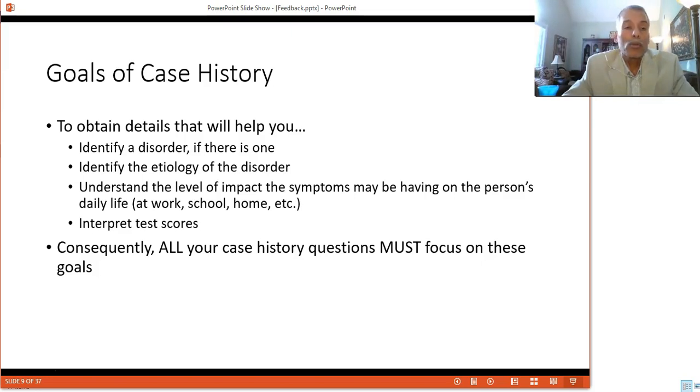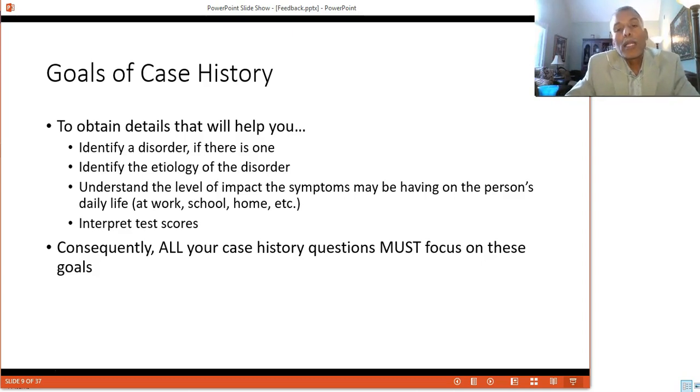Also, it helps you understand the impact of the symptoms on the person's job, work, school performance, and so on. That will help you with the goals for the treatment. What do they want treatment for? And also the case history information will enable you to interpret test scores, as in the case of the psychologist I mentioned a minute ago.